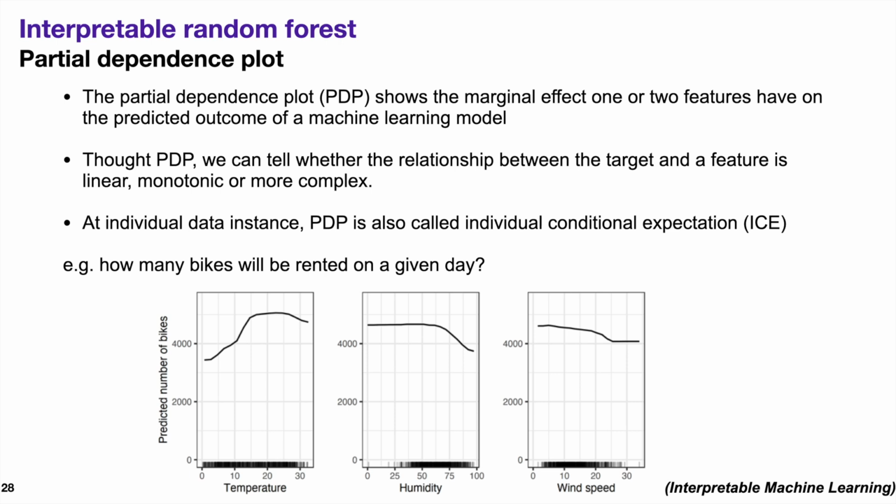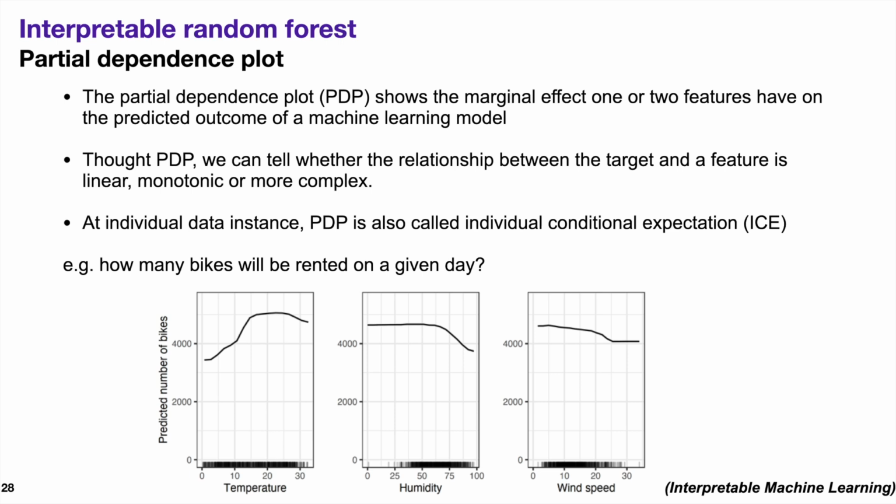Here I show an example in a study of predicting how many bicycles will be rented on a given day. We may expect many variables that influence the number of rented bicycles, for example, the air temperature, humidity, and the wind condition of a certain day. Here we can see that after training, the random forest learned complex relationships between these variables and the number of rented bikes.